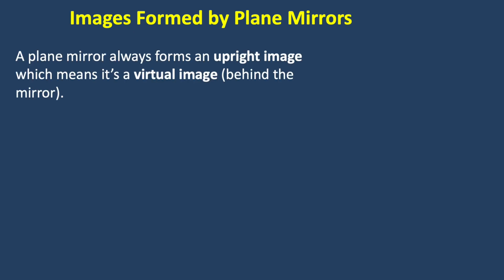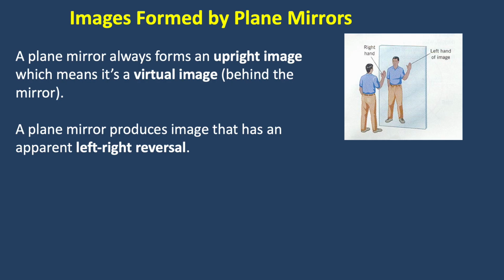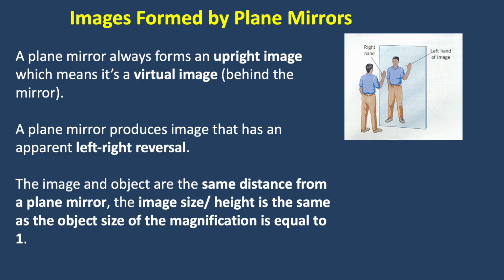Always remember, the image formed by plane mirrors is always upright, which means it is a virtual image. A plane mirror produces an image that has an apparent left to right reversal, like the image being shown on the right side. The image and object are the same distance from a plane mirror. The image size, or height, is the same as the object size, so the magnification is always equal to 1.